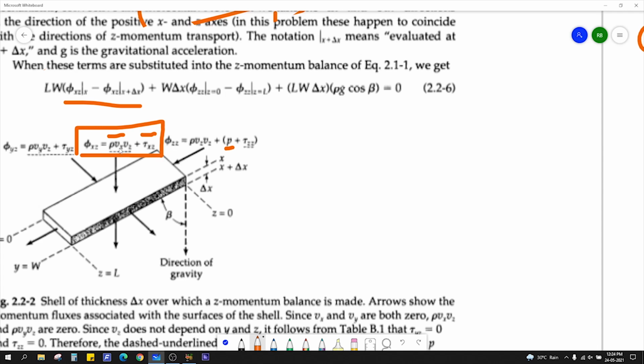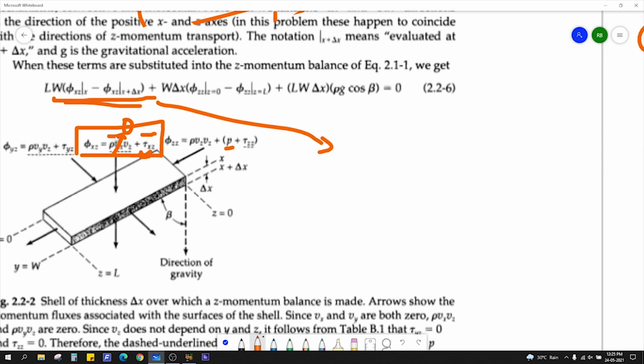Now this term becomes zero because Vx is zero. But this term will remain, because this will give you minus mu dvz by dx, and vz is definitely a function of x, so it will not be zero. So for phi xz only this term remains. Here this is tau xz at x minus tau xz at x plus delta x.